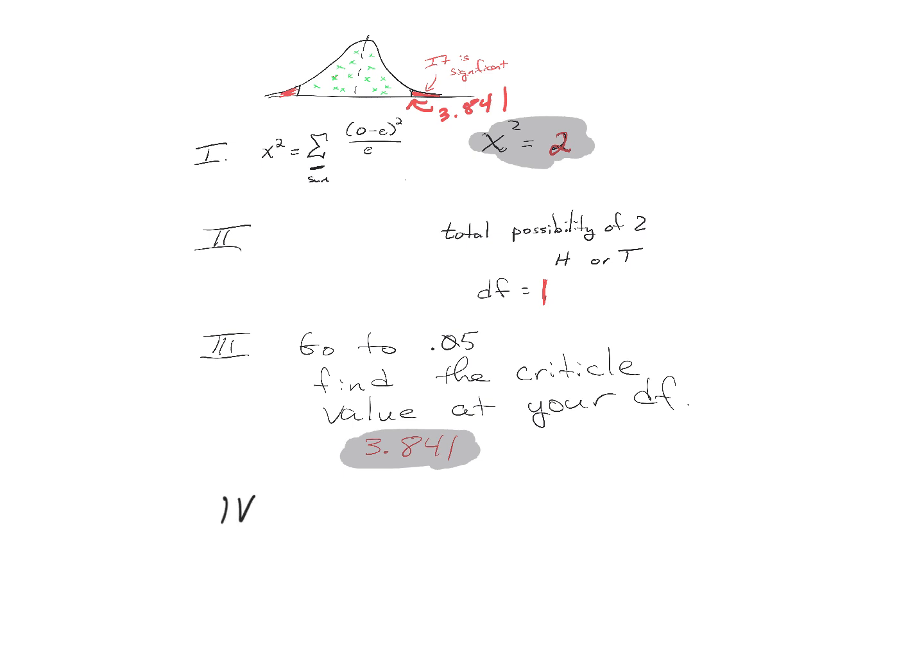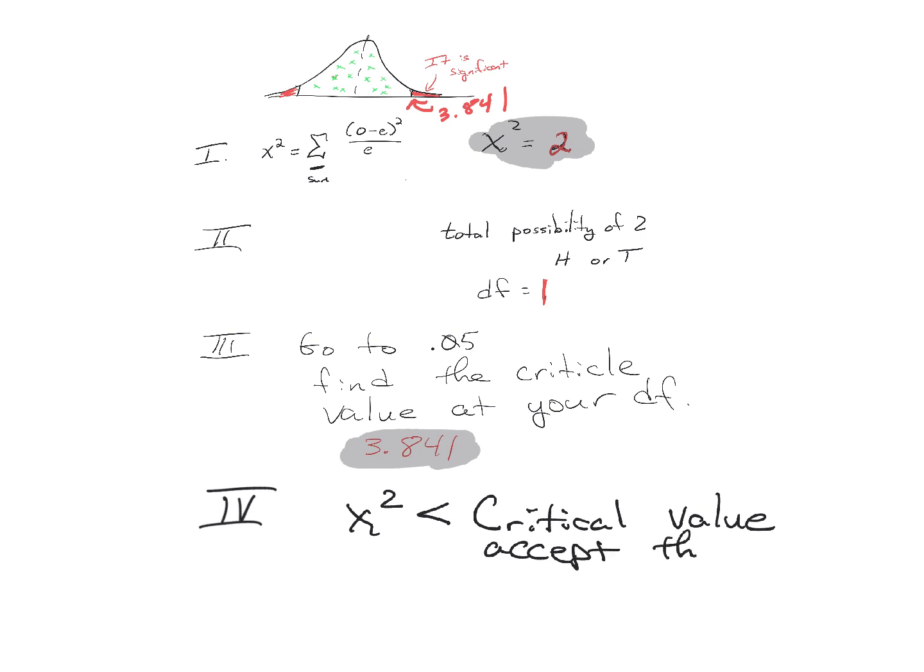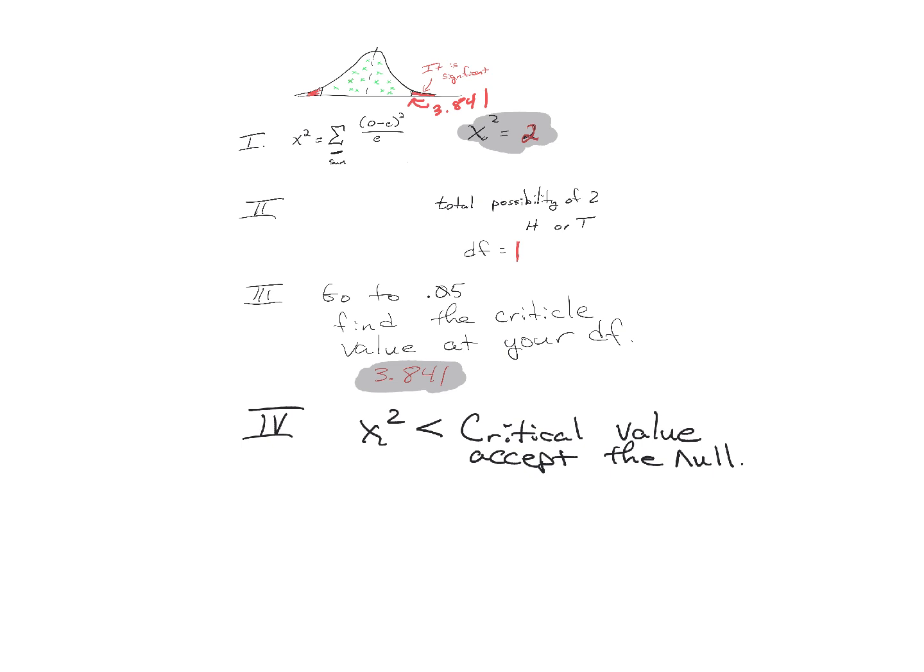So if your chi-square is less than your critical value, you accept the null hypothesis. In other words, any difference you see is due to chance.